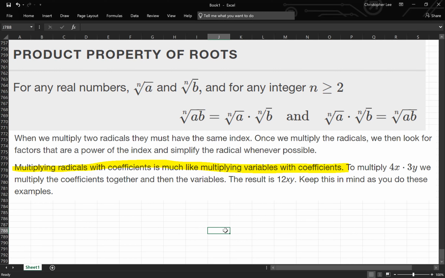So once we multiply the radicals, then we look for factors that are a power of the index and simplify the radical whenever possible. Multiplying radicals with coefficients is much like multiplying variables with coefficients. To multiply 4x times 3y, we multiply their coefficients together and the variables, and we get 12xy. Keep this in mind as you do these examples.